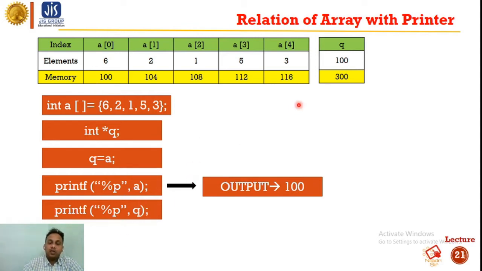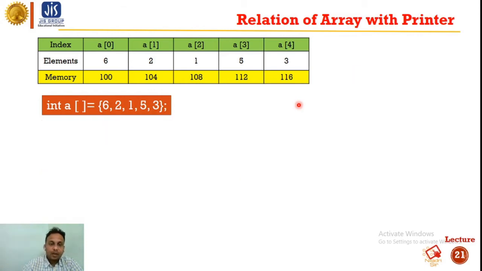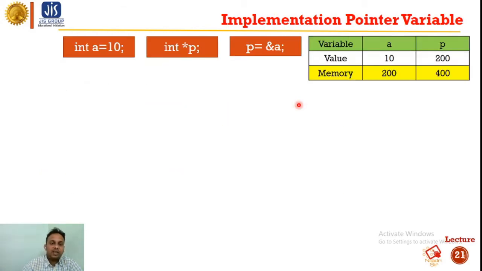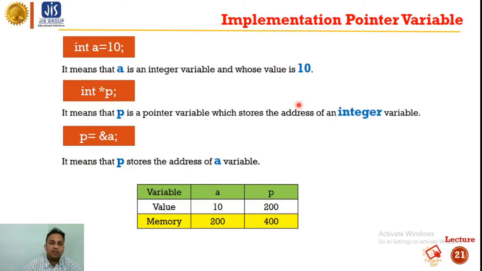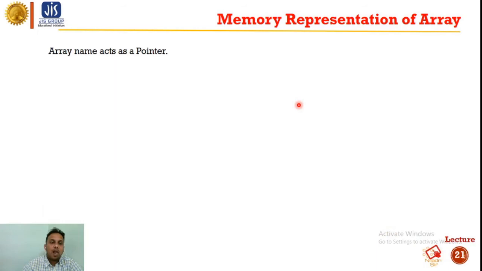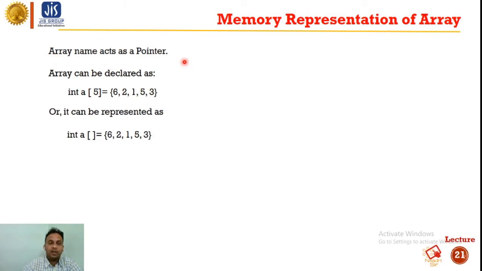Let's go to our first slide, what I have told you. Array name acts as a pointer. You have checked that we printed a and we printed q, and both printed the same. Remember this: array name acts as a pointer.